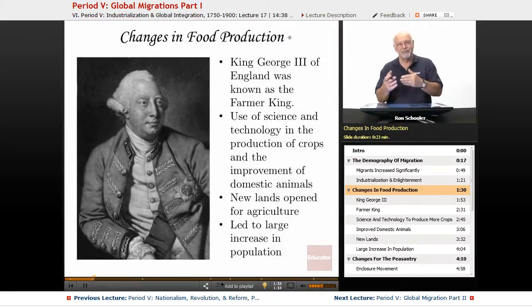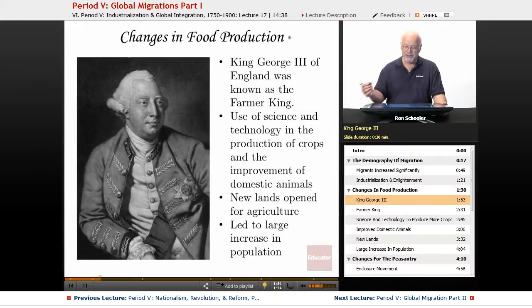One of the things, when we talk about the Enlightenment and the scientific revolution, they both went into the most important thing for most people, which is food production. And so when they became practical about what they would do with scientific knowledge, they put it into food production.